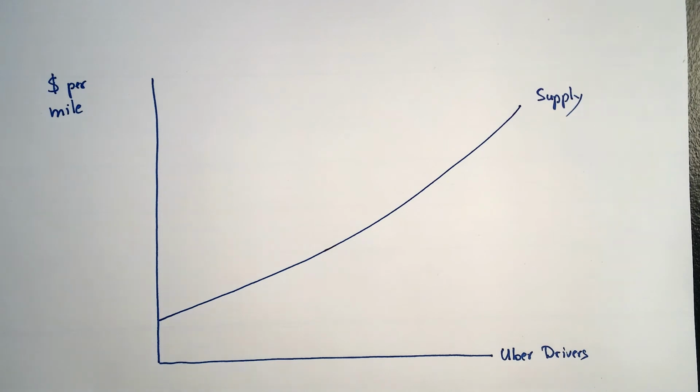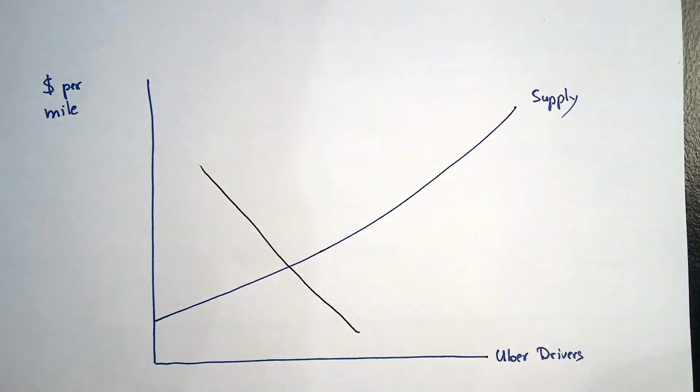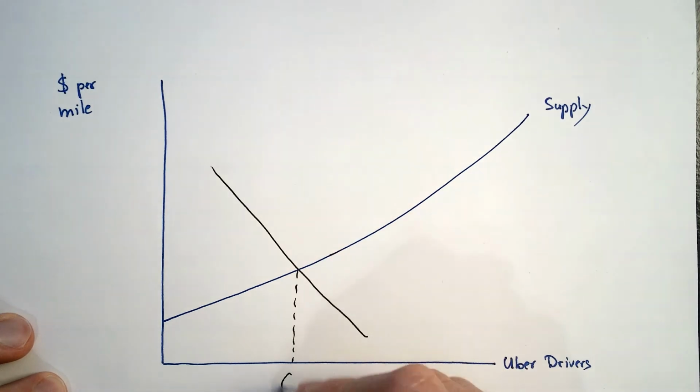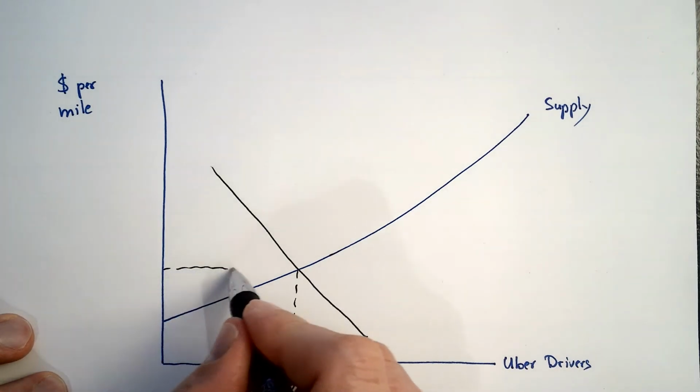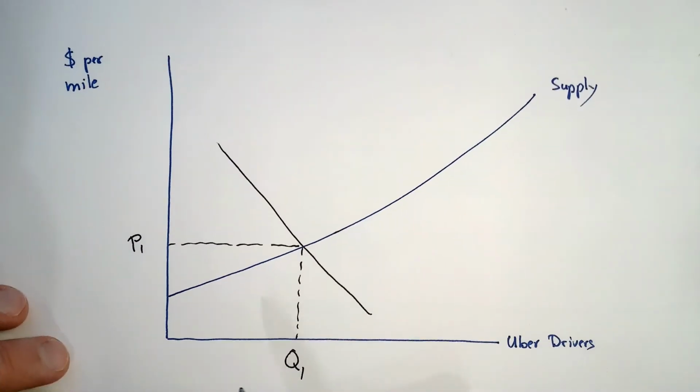Now what you would expect is that if the price is low, so think about, for example, you have a demand, say on a regular day that looks like this, then you would expect a certain quantity of drivers being out there, and you would expect the regular price, if you will. Okay, let's call this P1 and Q1.